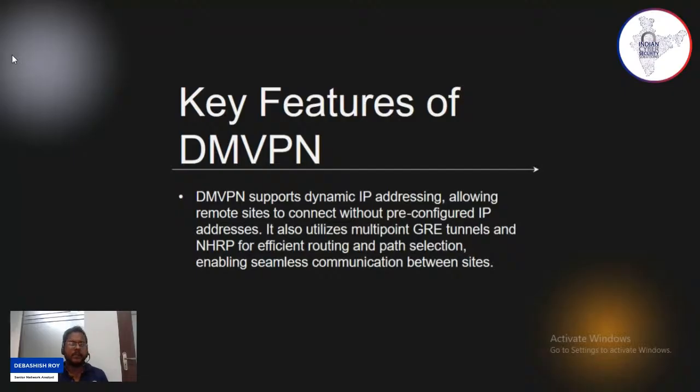But in DMVPN, the clients can communicate directly without the intervention of the hub router. It also utilizes multipoint GRE tunnels and NHRP, Next Hop Resolution Protocol, for efficient routing and path selection. So GRE tunnels should be there, but they won't be point-to-point, they will be point-to-multipoint, enabling seamless communication between the sites.